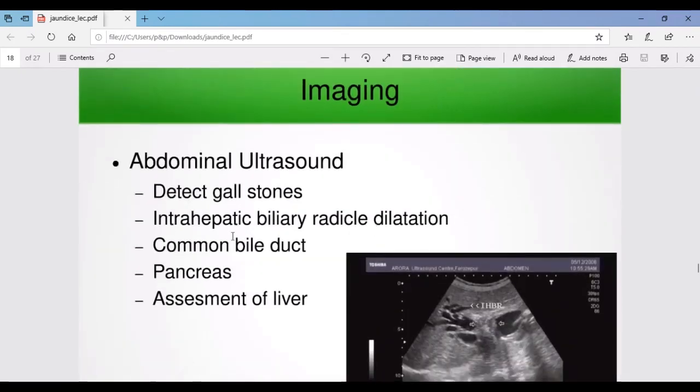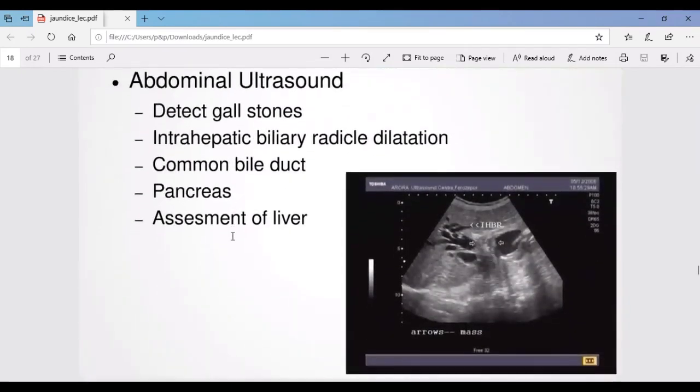Another view with dilated intrahepatic biliary radicals. We see that biliary radicals are dilated. They are usually not seen like this. When we see this, we know that they are dilated, and we know that there is an obstruction outside. And here we see the cause of obstruction is a mass, delimited by these two arrows.